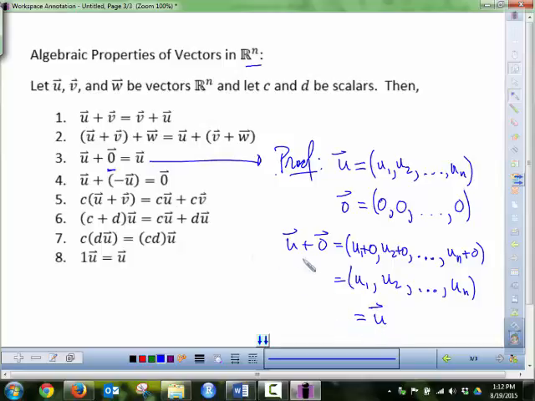And so the string of equalities from here to here ends our proof. The work that we did goes between these two sides, and we got from the left side to the right side, so we're done with the proof.